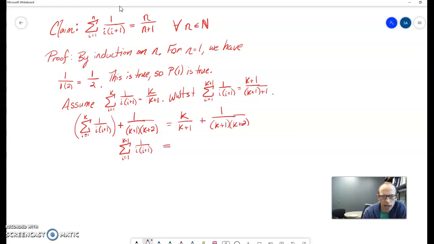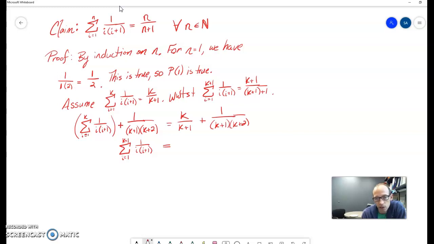Okay, and why do these two add to this? Well, that's how we created this term: we tried to figure out what term this had in it that this didn't have. So these two sums are exactly the same except for that final term, which is right here. So once we add that in, then we have the left side here. So now the goal is we need this, and hopefully this is going to boil down to this right here.